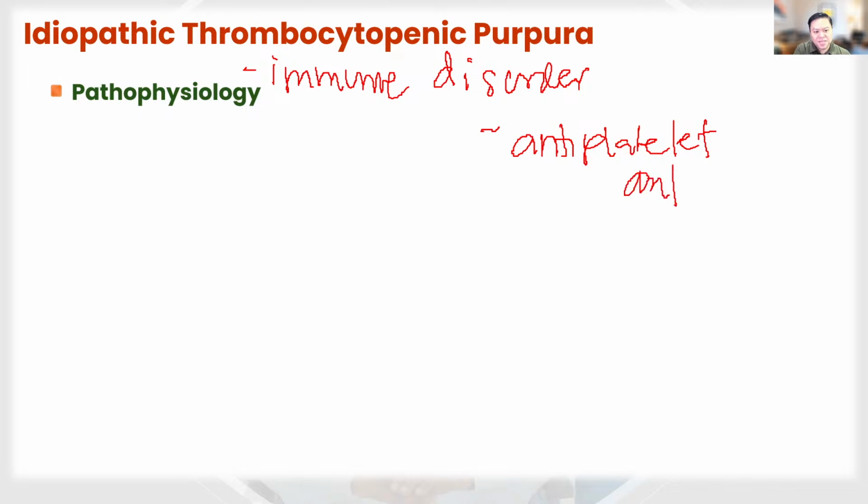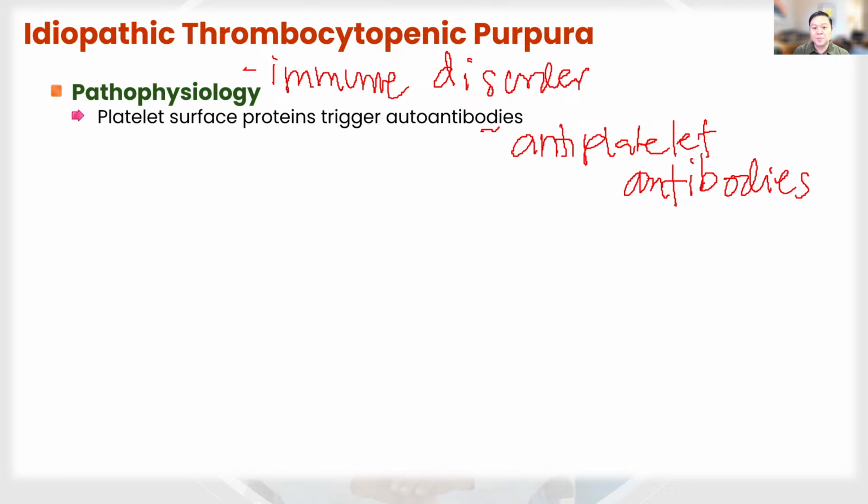These are actually very interesting topics today, most often caused by immune system dysfunction. Now, as far as the pathophysiology with ITP, this starts with the proteins on the surface of the platelets, which will trigger the autoantibodies.